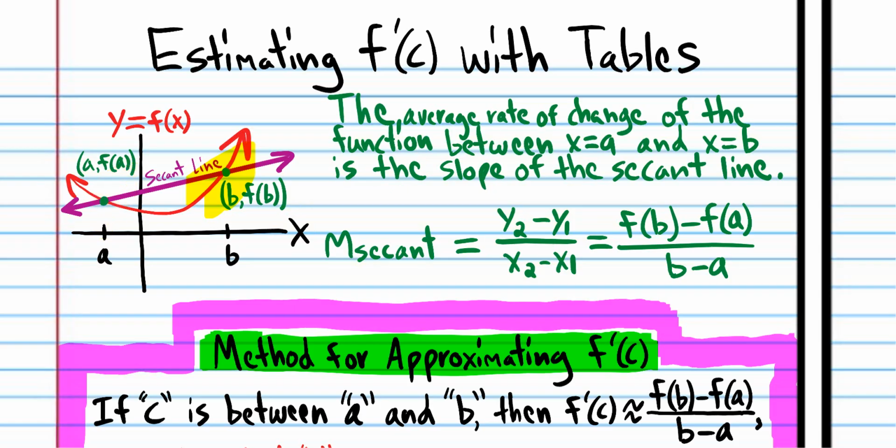And if you replace x1 comma y1 with a comma f of a and x2 comma y2 with b comma f of b, then you get this expression over here, which we call the difference quotient. Again, it's the average rate of change of the function between x equals a and x equals b.